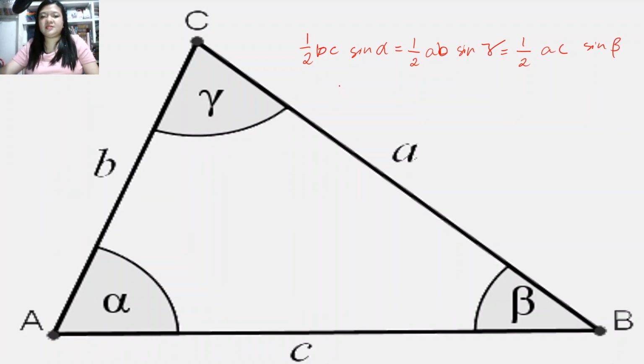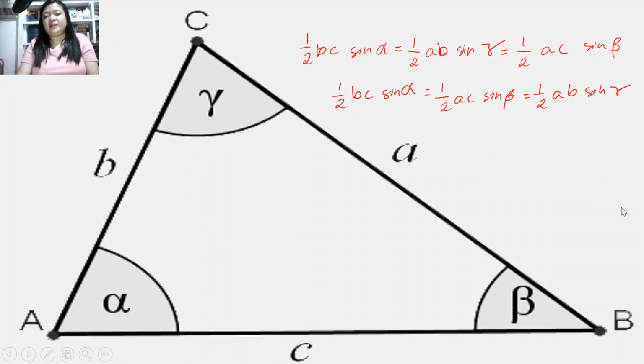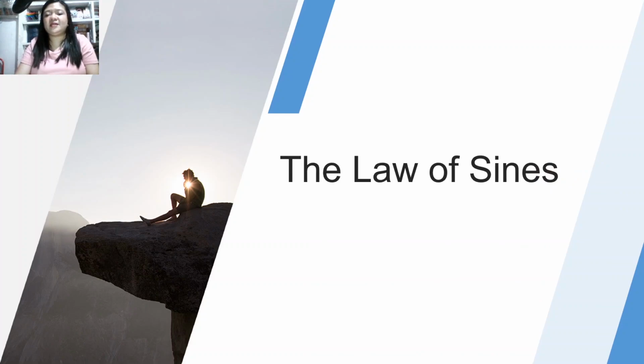Or we can also rewrite this as 1/2 BC sine alpha, so that our angles are arranged in alphabetical order, and 1/2 AC sine beta and 1/2 AB sine gamma. The areas are the same, but the area is represented using different reference angles and different bases. Okay. From that, we can get the law of sines.